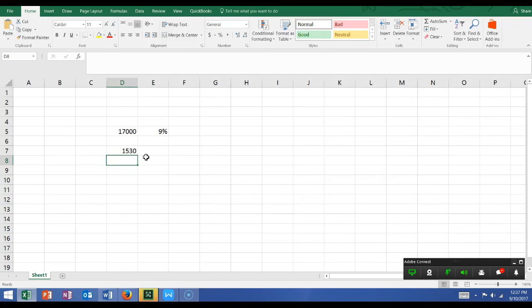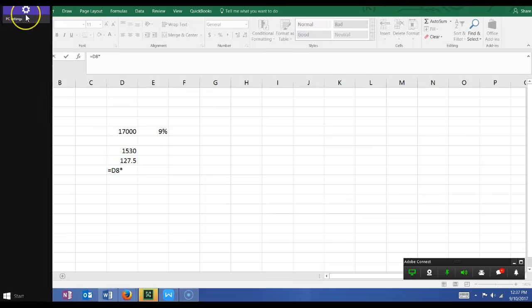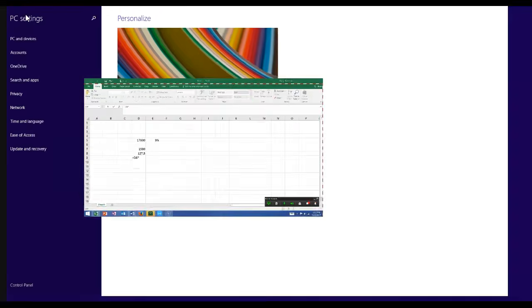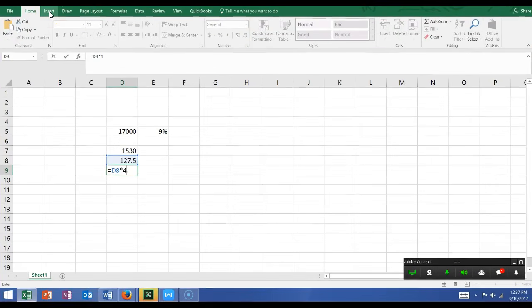Now we know a year has 12 months in it, which means the interest per month is $127.50. We took out this note September 1st, which means there are 4 months in this year that we had to accrue interest.